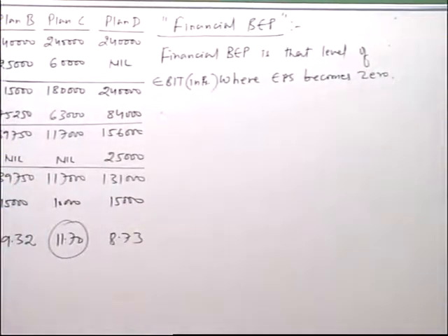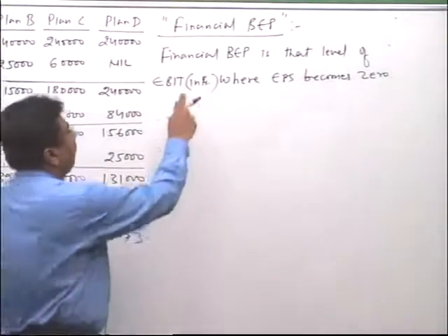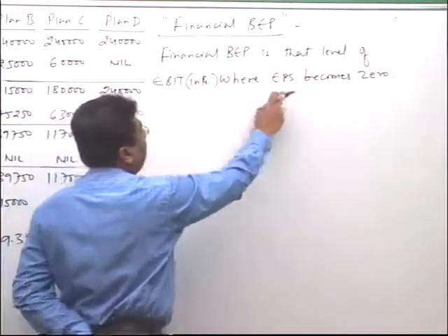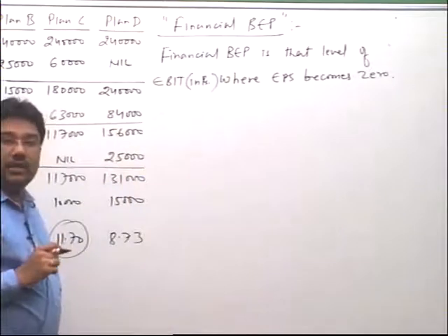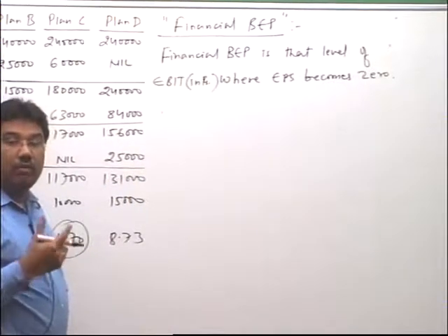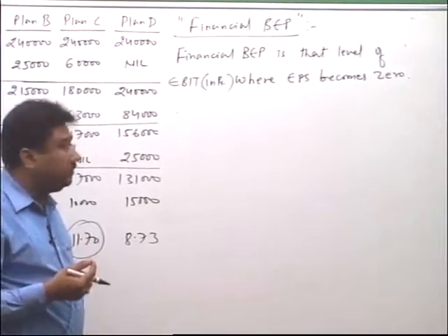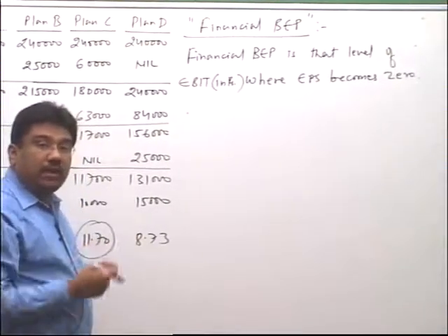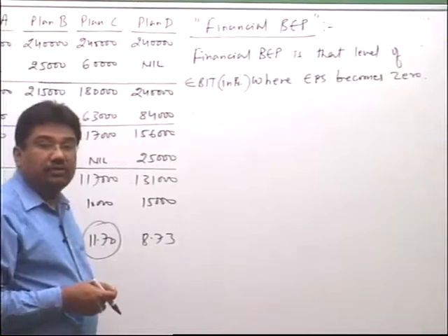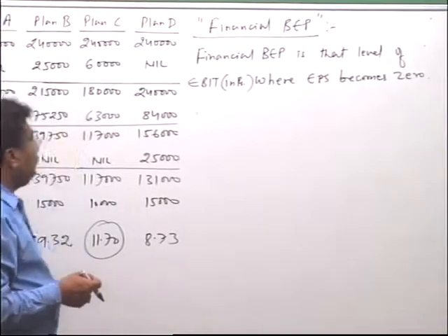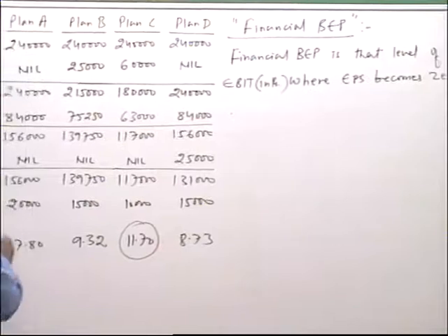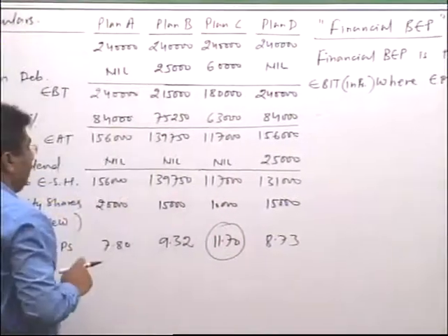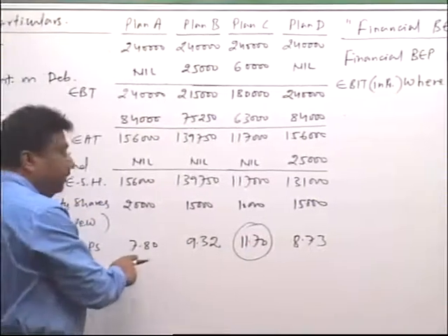So the definition is: financial break-even point indicates your level of EBIT so that the EPS becomes 0. It means the amount of EBIT in rupees should be such that, if you make the calculation from EBIT up to EPS, then EPS becomes 0. For example, in this sum, when we take EBIT of 2,40,000 in plan A, our EPS is 7.80.